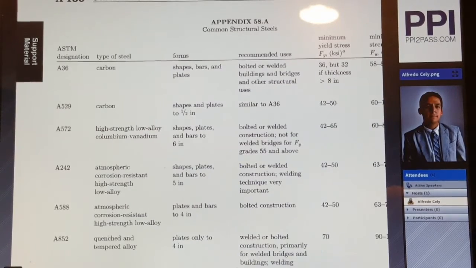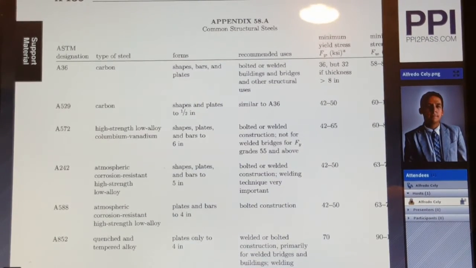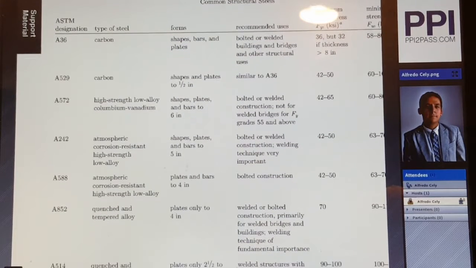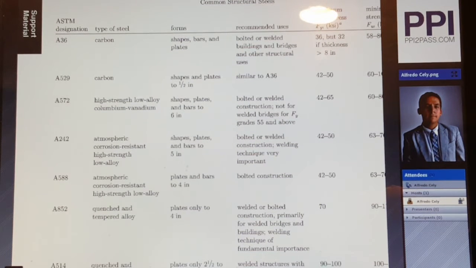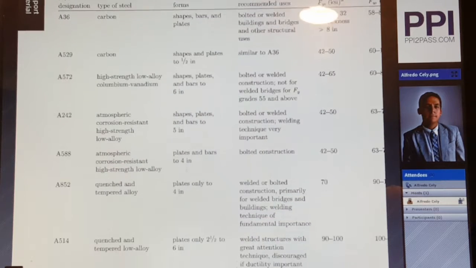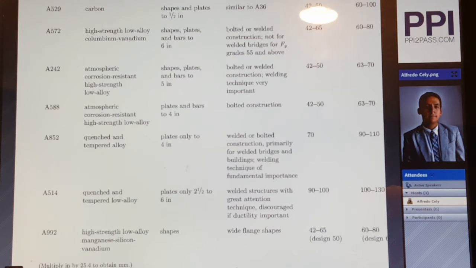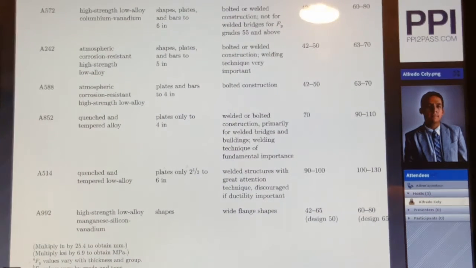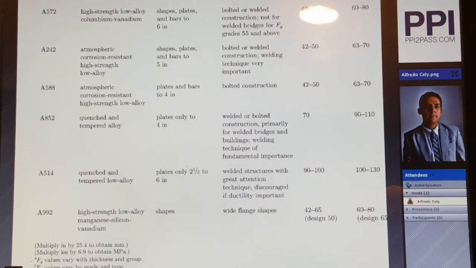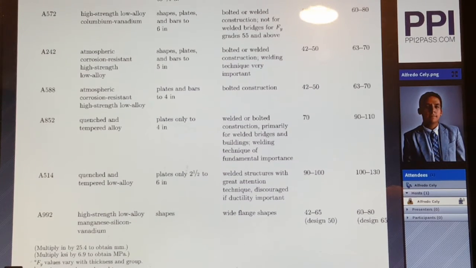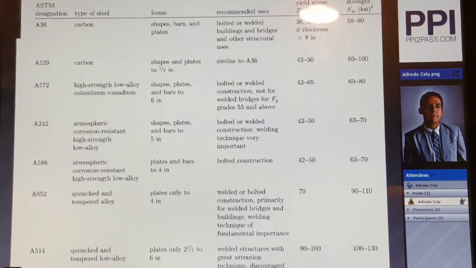For A529 it is 42 to 50, A572, 42 to 65, A242, 42 to 50, A588, 42 to 50, A852, 70, and A514 for 90 to 100, and last A992 from 42 to 65.